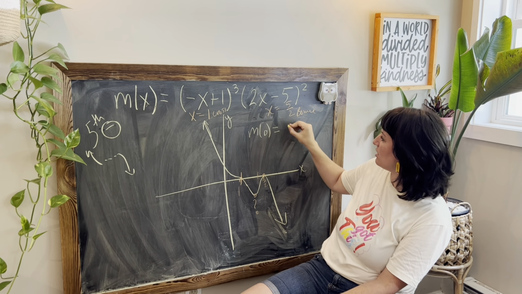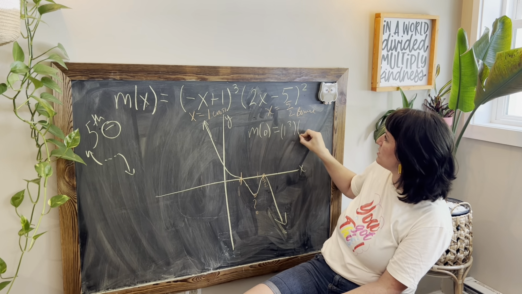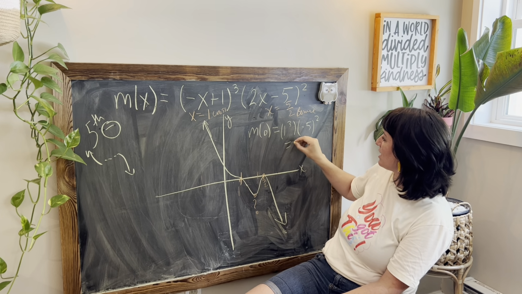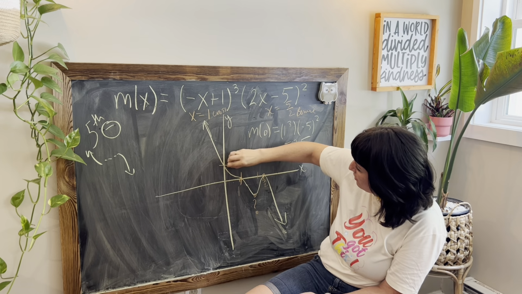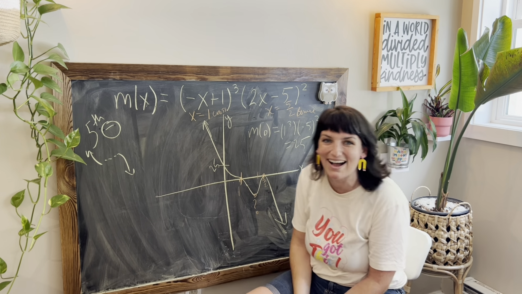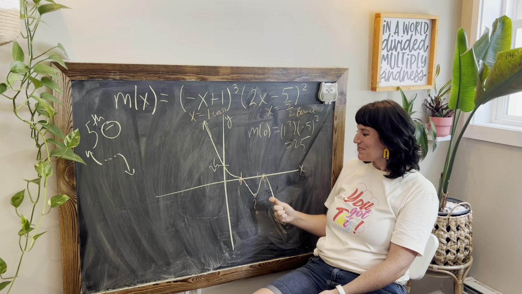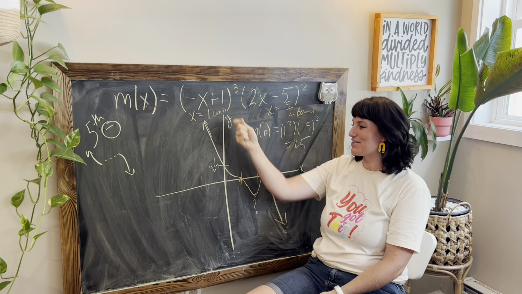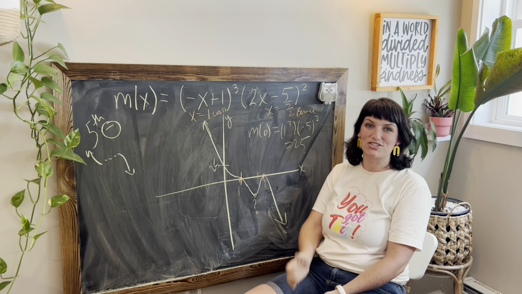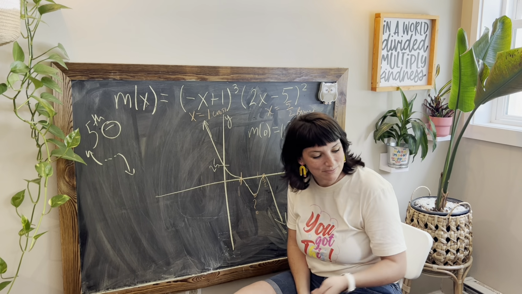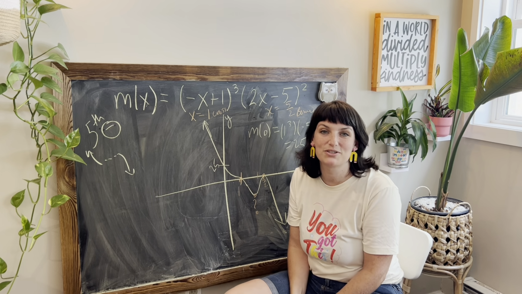If I plug in 0, I get 1 cubed. I get negative 5 squared. So that's going to be 25. Talk about not drawn to scale. Sketchity sketch. All right. So what's accurate now is the y-intercept, the end behaviors, the behaviors at the x-intercepts. That local minimum is very inaccurate. That, my friends, is how you use multiplicities.